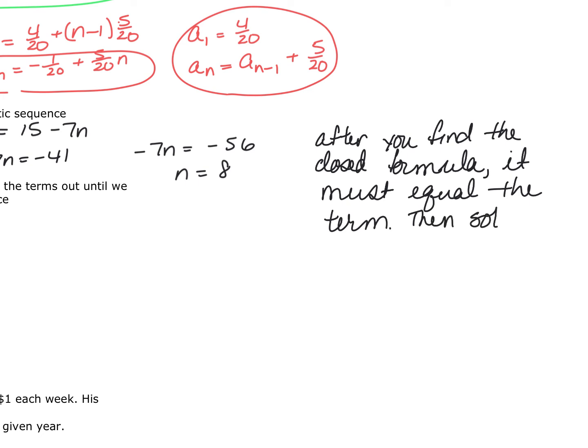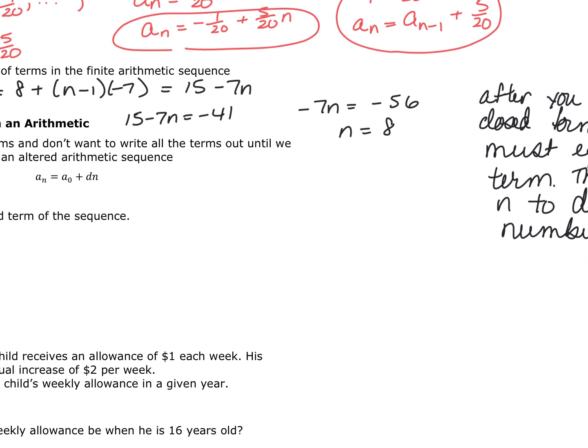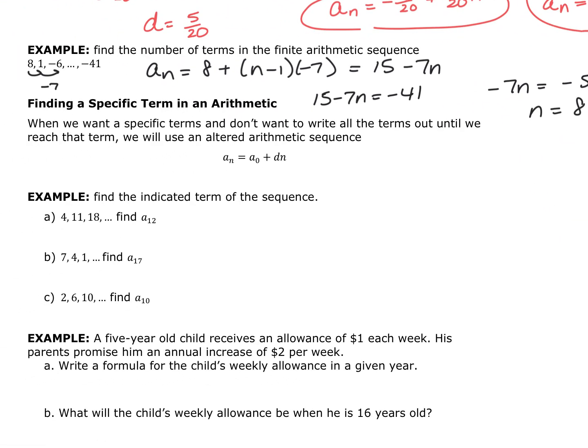Then solve for n to determine the number of terms. And that's perfectly fine for justification. That gives you exactly what you just did, and it explains what you did.